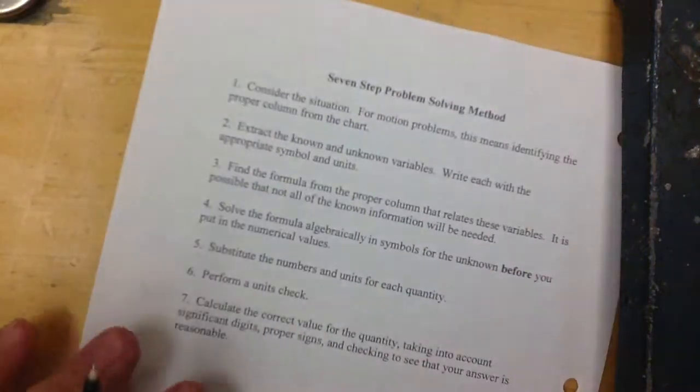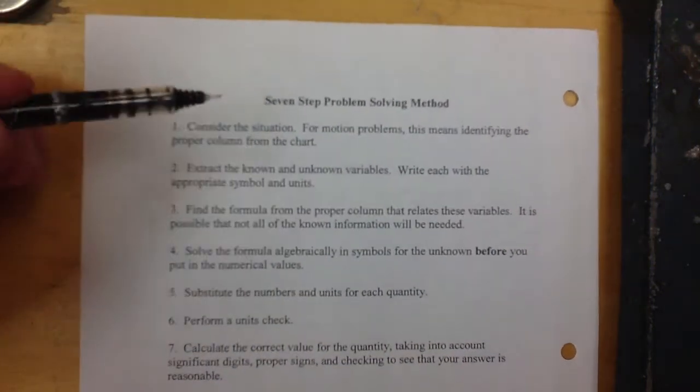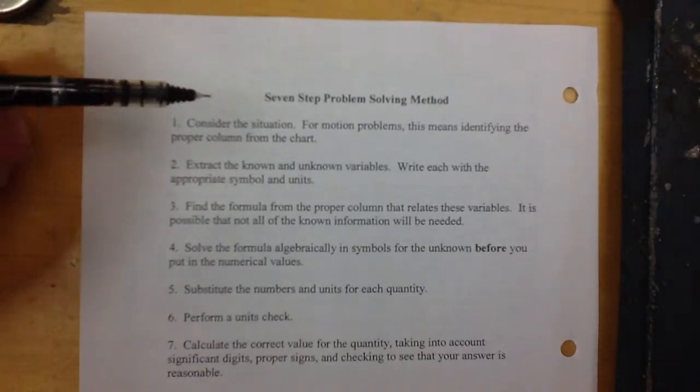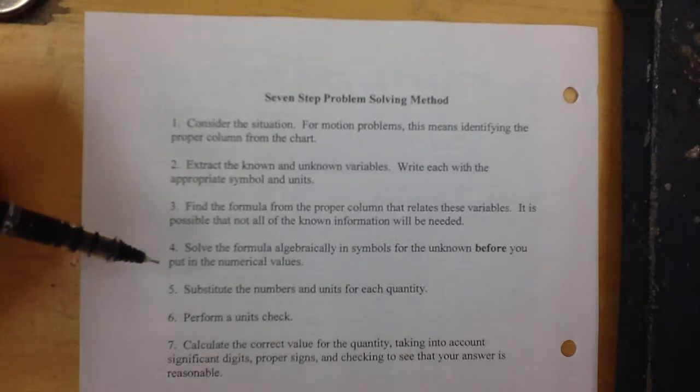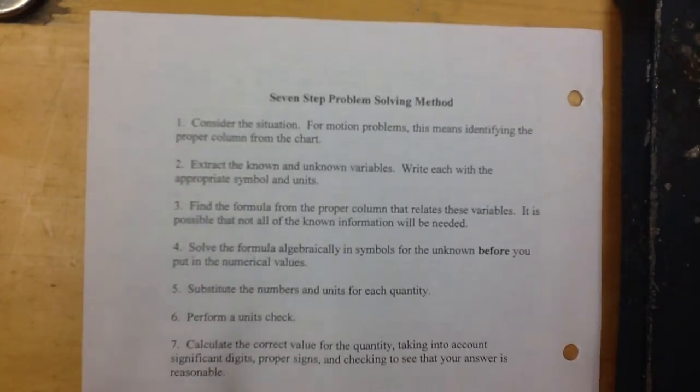I would like to say that you now have the 7-step problem-solving method, and each time you solve equations using the 5-column chart, you need to use these 7 steps without fail. Follow them exactly. I'm not going to read them to you.